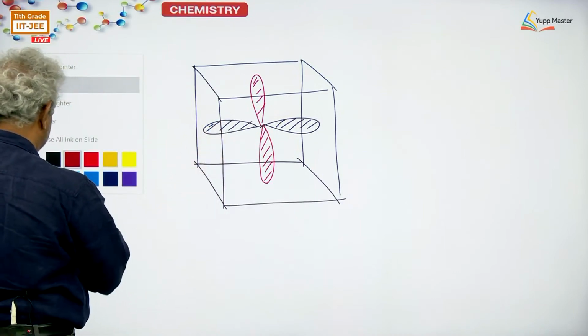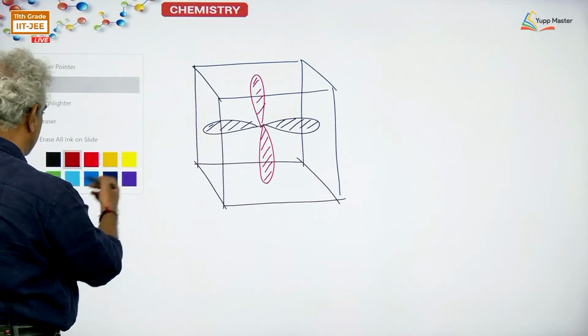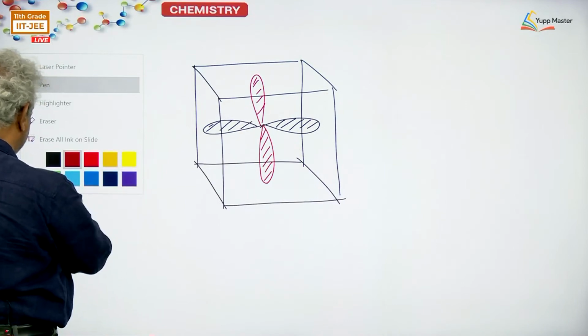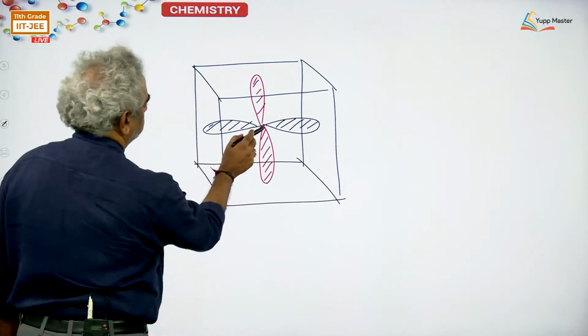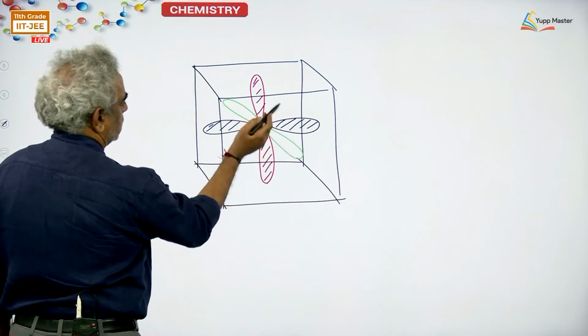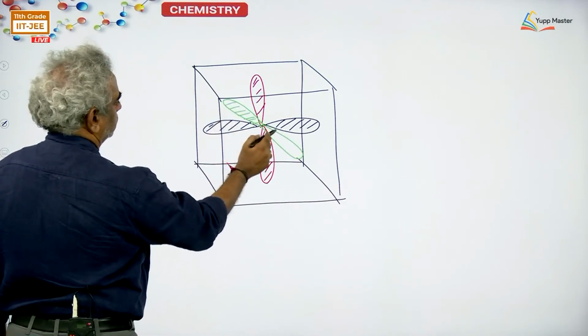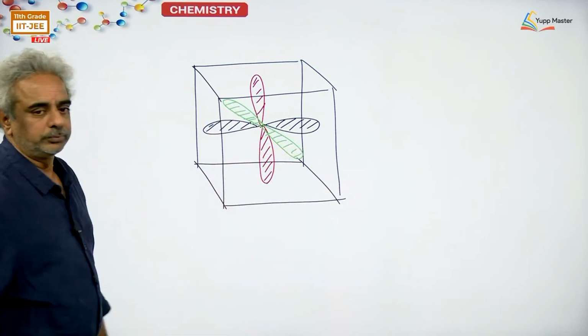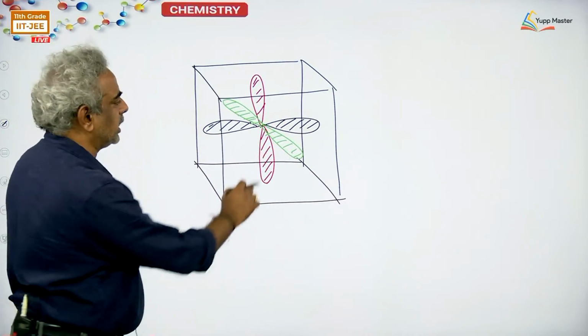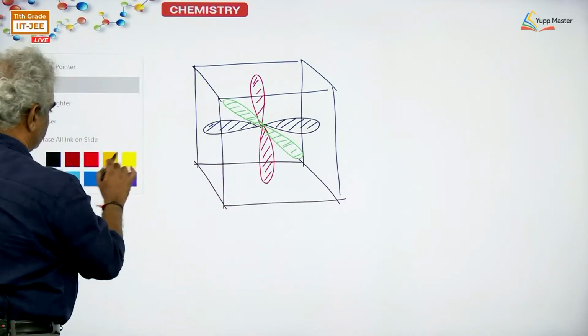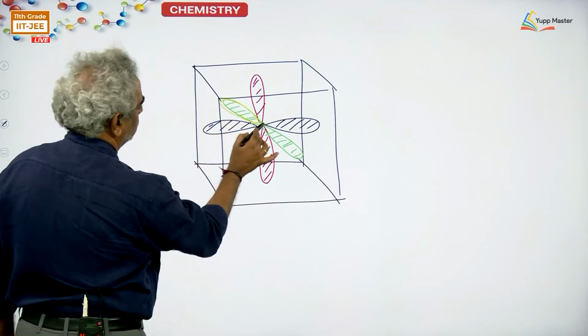We'll go for which color? Violet or yellow, which is more visible, green. So see, this is pz. Can you see this green color? Should I change so that it will be a visual feast for you?